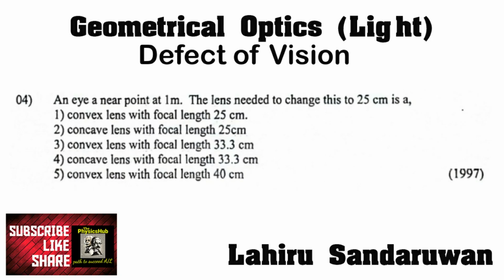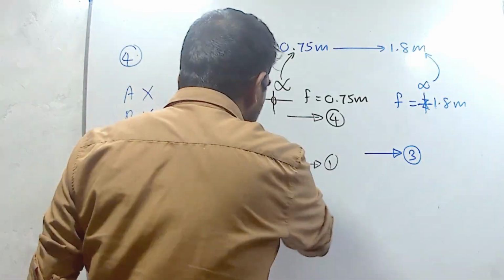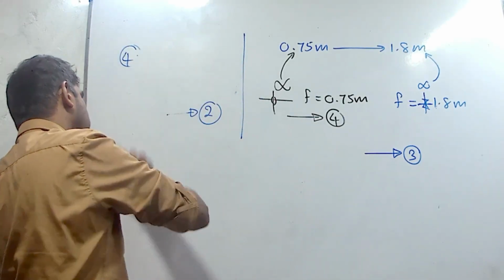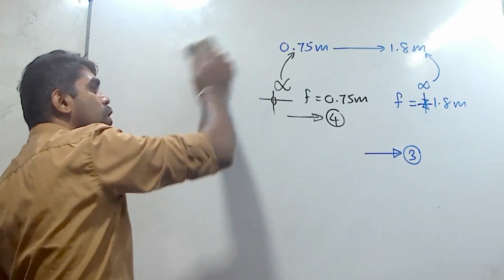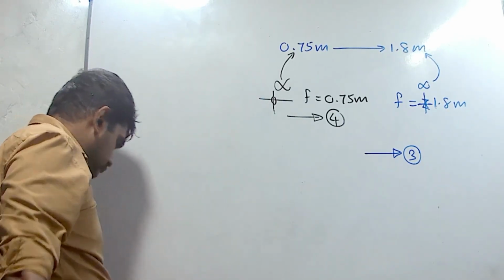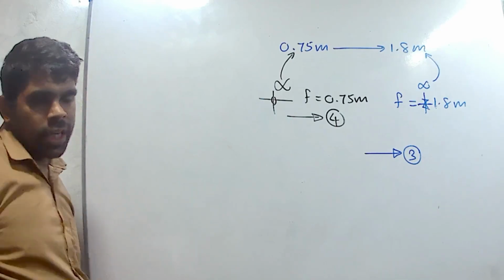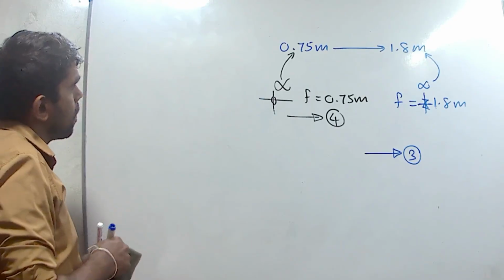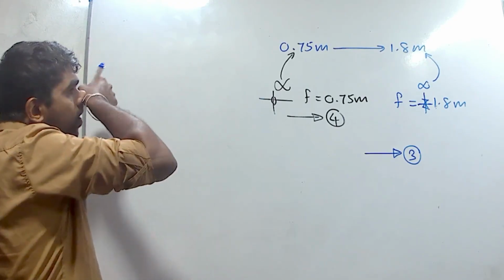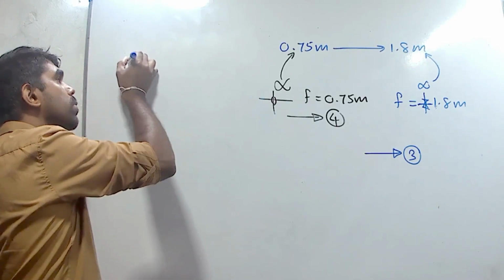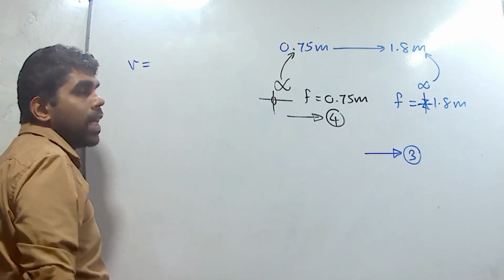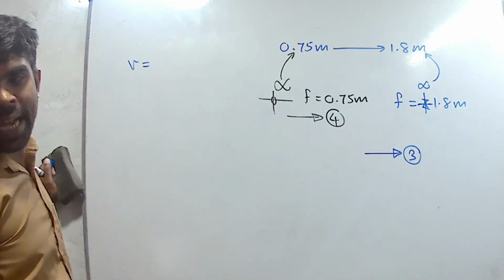And a near point at 1 meter, the lens needed to change this to 25 centimeters each. Near point 1 meter. It means he can't see 25 centimeters with natural light. Therefore, it is long sightedness. By using a lens, we have to make an image of the point he can see.